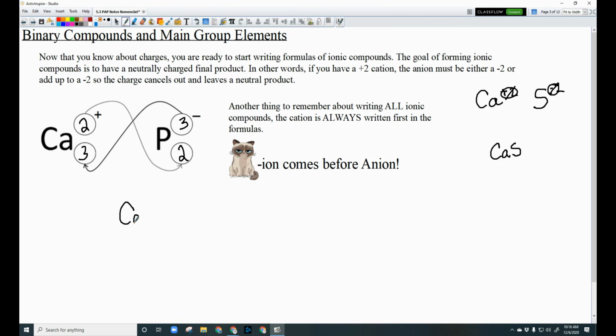It's going to be Ca3P2. Another thing to remember about writing these is that the cation is always written first. So it's always the plus ion and then the negative ion. The anion is written second. So remember, cation comes before anion.